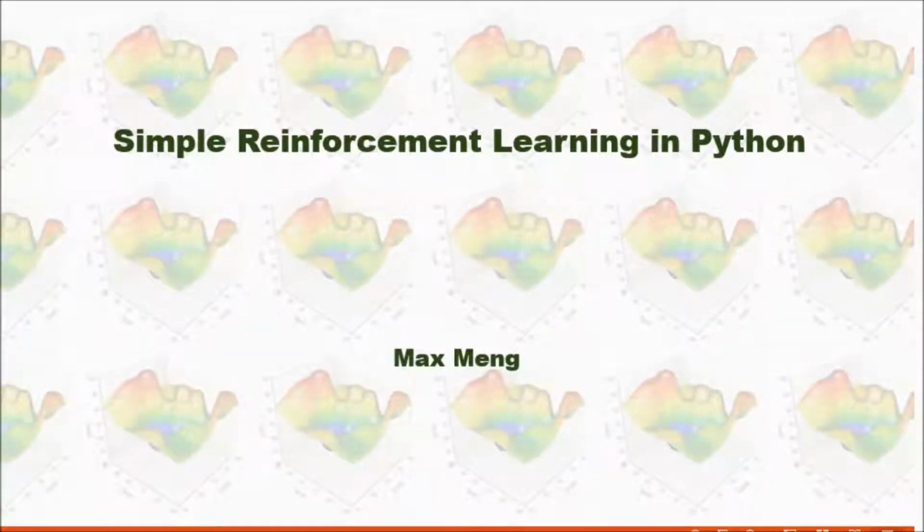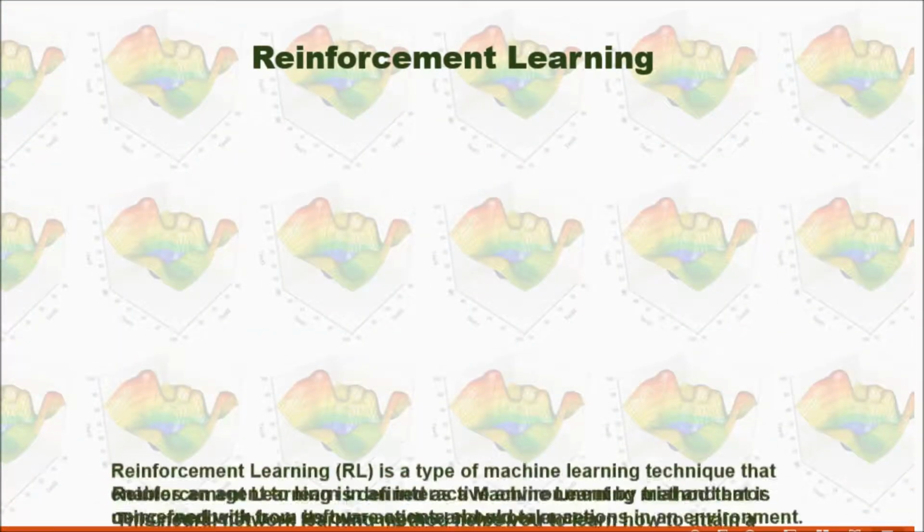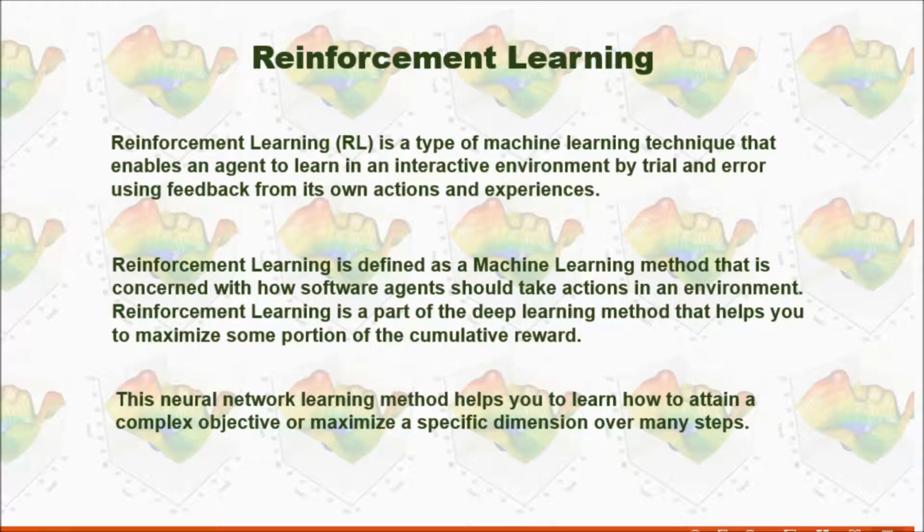This time, I'm going to talk about reinforcement learning. So, what is reinforcement learning? Reinforcement learning is a type of machine learning technique that enables an agent to learn in an interactive environment by trial and error, using feedback from its own actions and experiences.